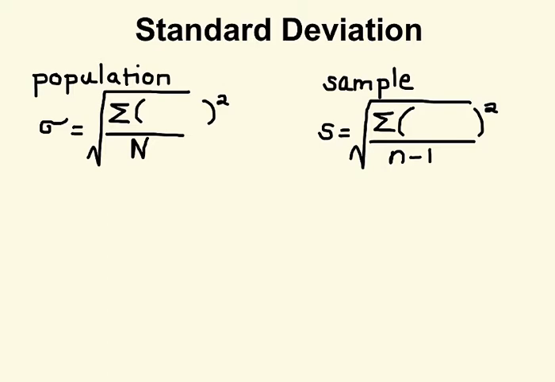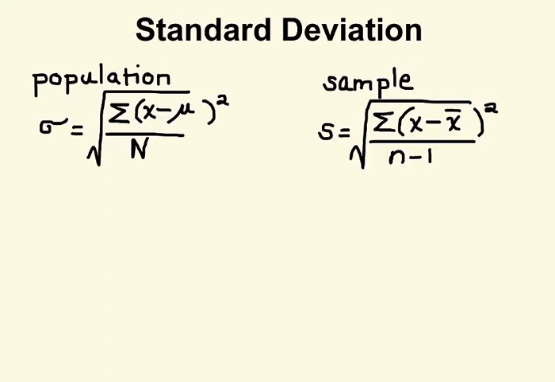So that would be x minus the average. So in our sample, it would be the average of our sample. But when we're talking about our population, we take our population average, which is mu. So there's our standard deviation.